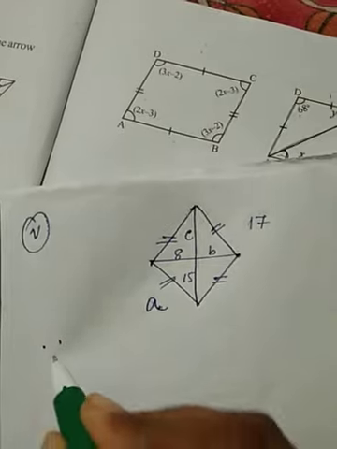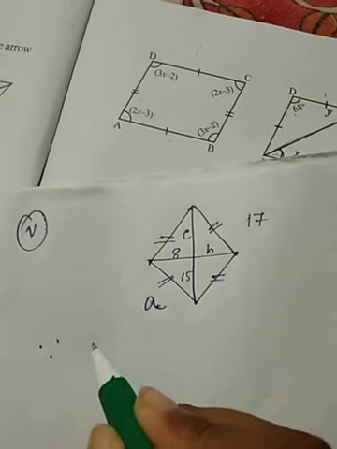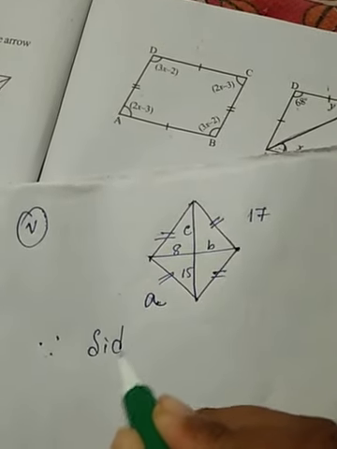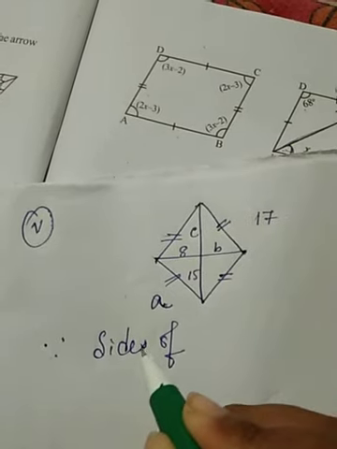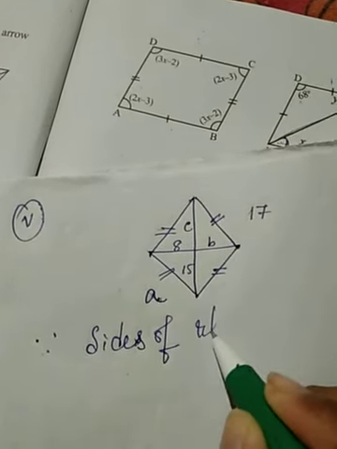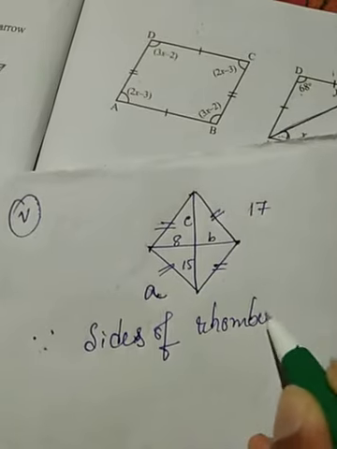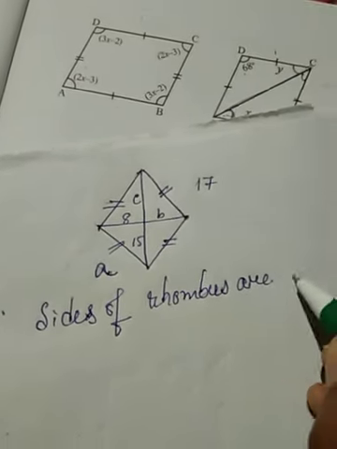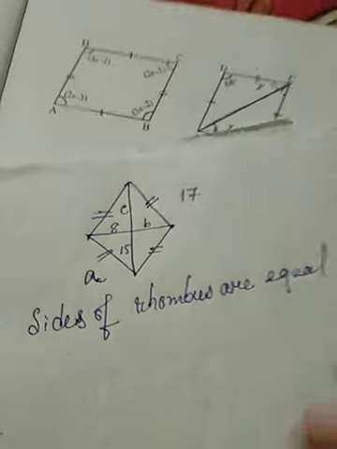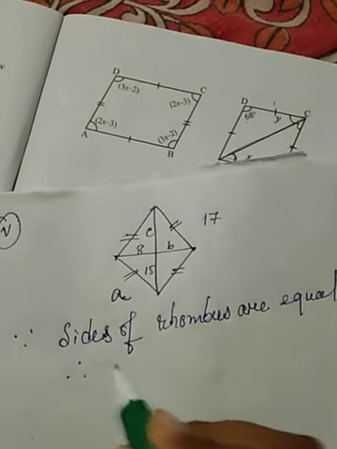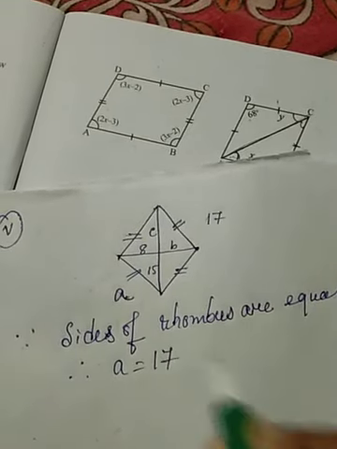So since sides of rhombus are equal, therefore a equal to 17.